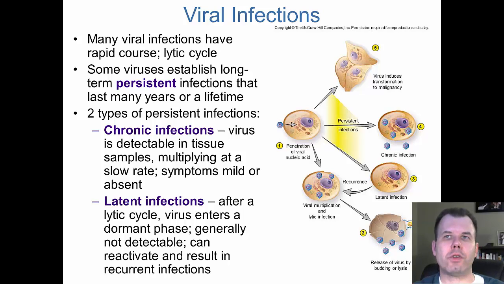Now, chronic infections are a little bit different, because chronic means you basically carry that virus for the rest of your life. An example of that would be HIV, where a lot of times people think of it as latent, but there is always a little bit of virus in the body. As transmission increases and it moves from cell to cell, that's when the disease really hits and your white blood cells drop.